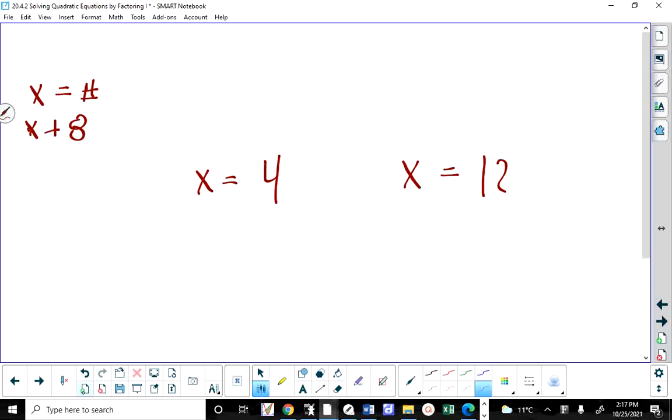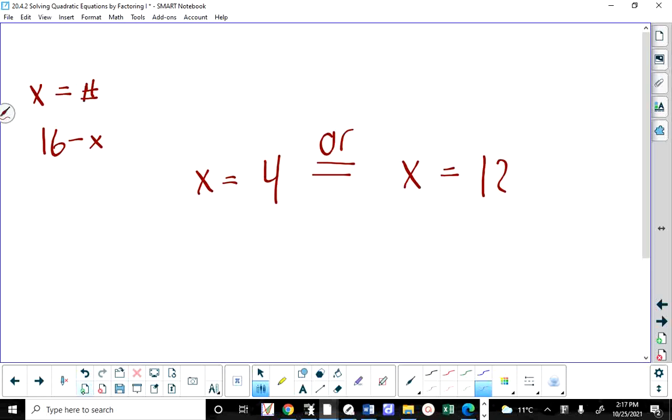What this means, this was the tricky part yesterday, is that there's two solutions. Actually, I'm going to change this to the other number being 16 minus x. Okay?